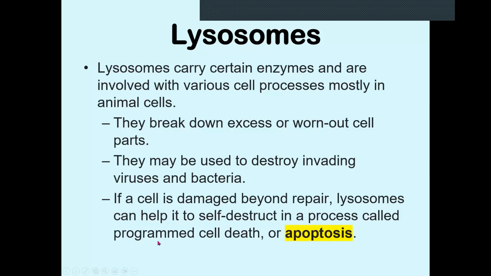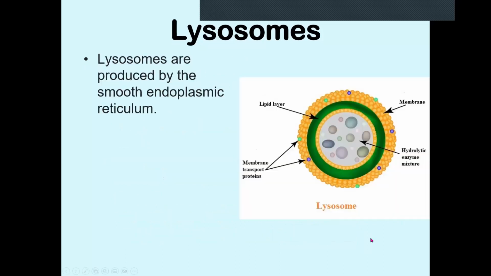This is the process of programmed cell death, which occurs in cells which are getting too old or are damaged, and apoptosis is this process where they break down. It doesn't take long. The lysosomes that help with this process are just little bubbles, and they have an outer membrane which transports proteins.